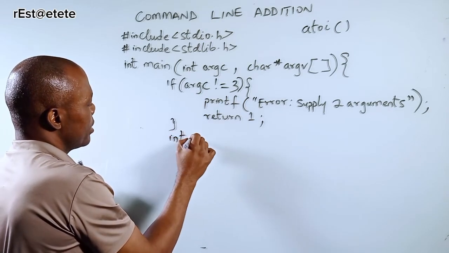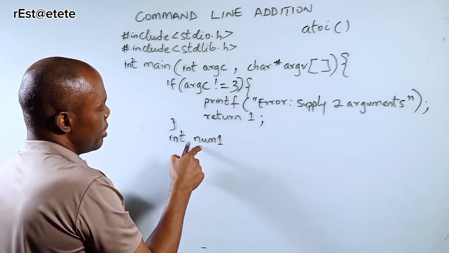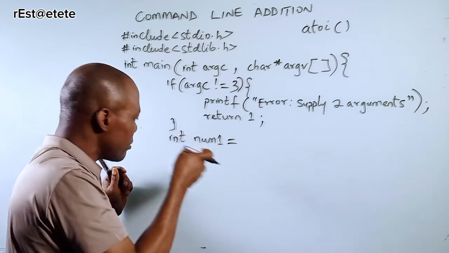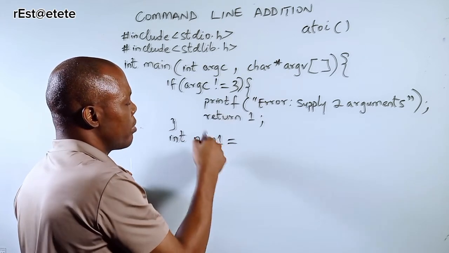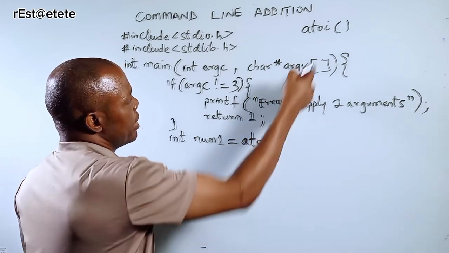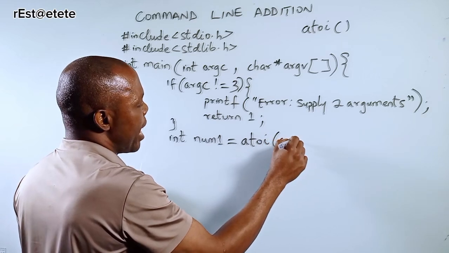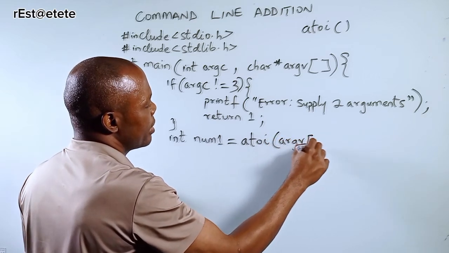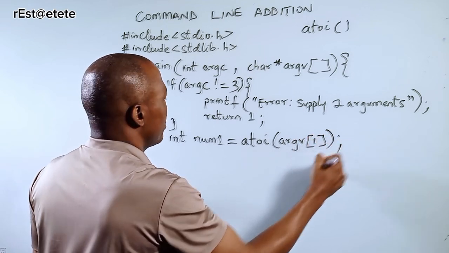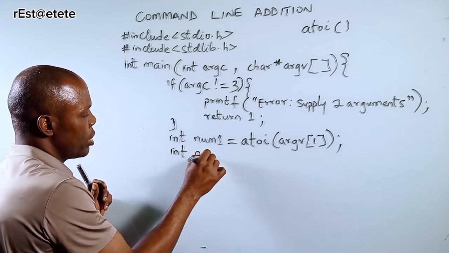I will say int num1. I'm declaring a variable that will hold the first parameter. And then whatever will be supplied, I need to convert it. So I will call atoi, that is this function, from here. And I will supply argv1. Then I will declare another variable, num2.